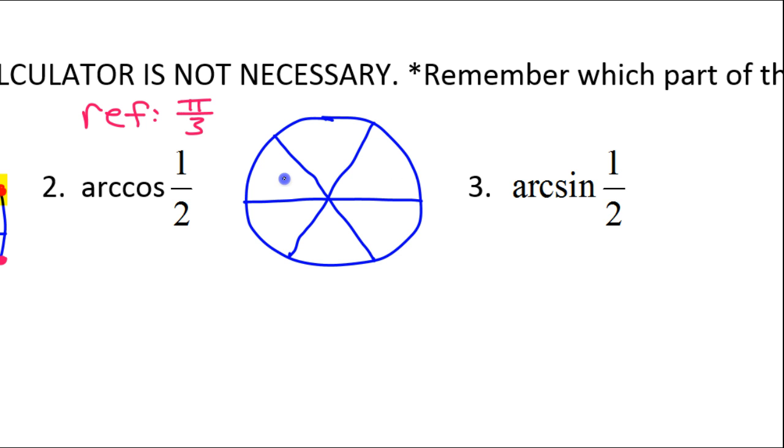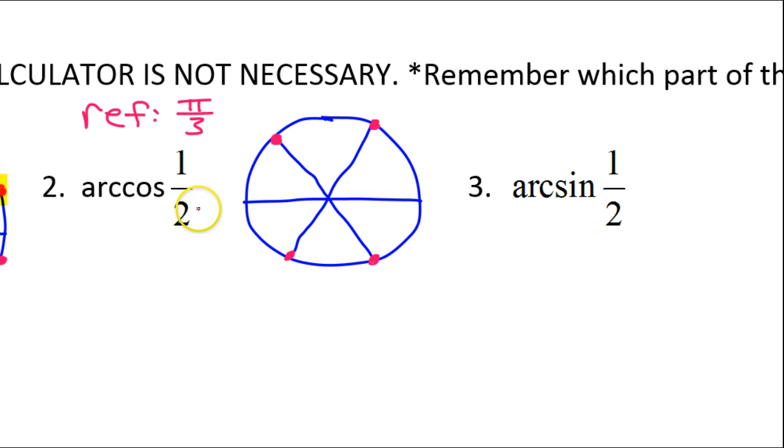That means each one is pi over 3. Now, in terms of reference angles, there are 4 positions that will give me a cosine of 1/2. They are here, here, here, and here. Except 2 of them will be positive and 2 of them will be negative.